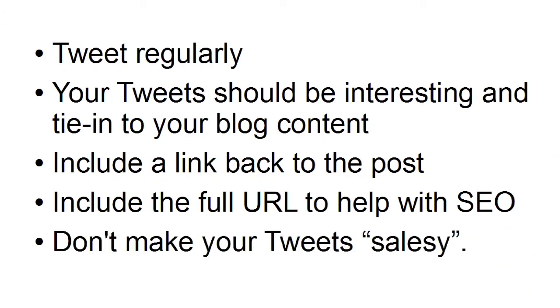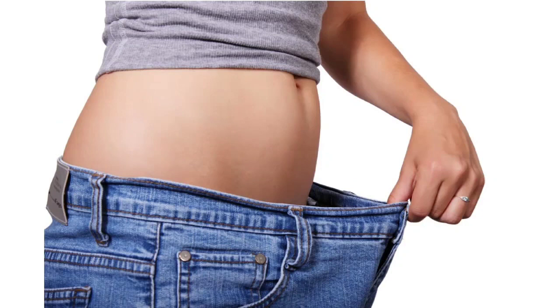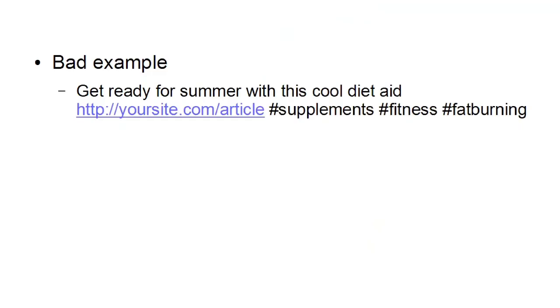Now, don't make your tweets salesy. You want to make sure that they have a lot of good, useful information for your Twitter followers, because that way they're more likely to get retweeted. So, what do I mean? Well, let's say you have a weight loss blog where you review different weight loss products and then sell them as an affiliate. Let's look at a bad example of a tweet.